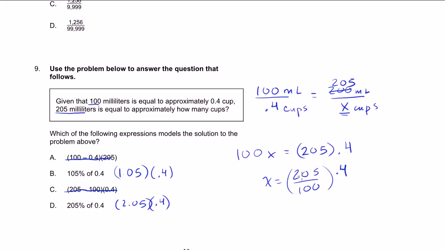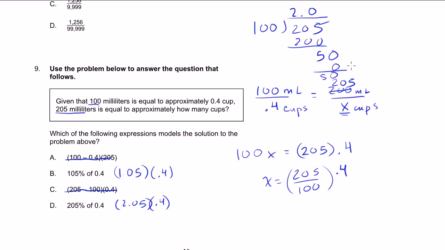And just to verify, 205 divided by 100, I'll do it right here. 100 goes into 205. 100 goes into 200 two times. 2 times 100 is 200. Let me put a little decimal right there. You do the subtraction, you get 5. Bring down a 0. 100 goes into 50 0 times. 0 times 100 is 0.